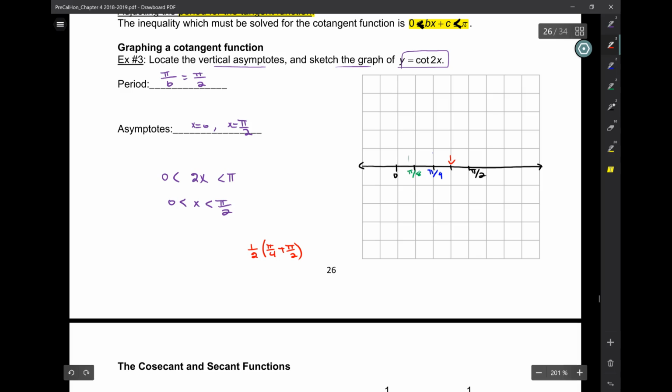If it's pi over 4 and pi over 2, 3 pi over 8. How else could you know that? If it starts with 0, each one of these are the same increment, right? So if this is pi over 8, another pi over 8, another pi over 8, this is 3 pi over 8. So there are lots of ways. This is why it's so much fun.